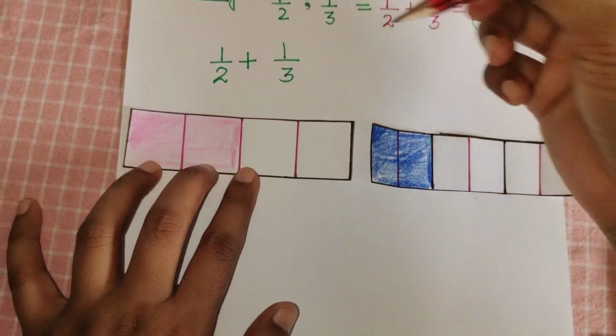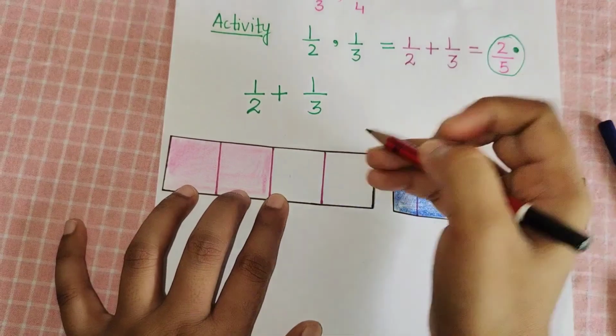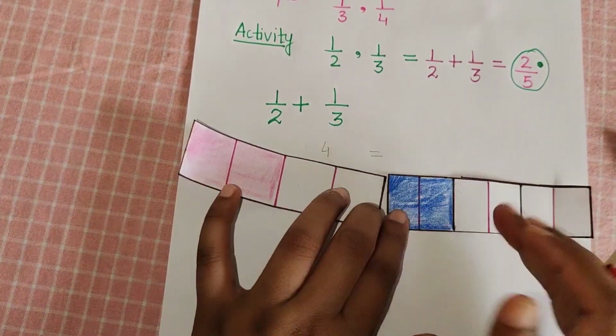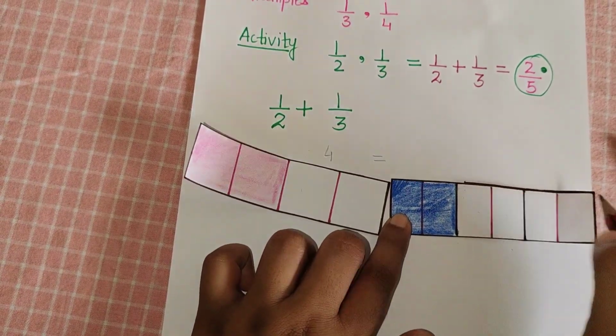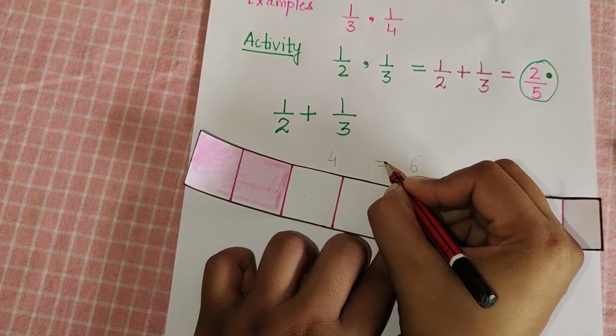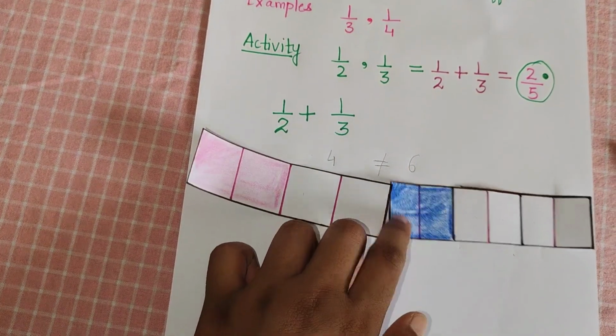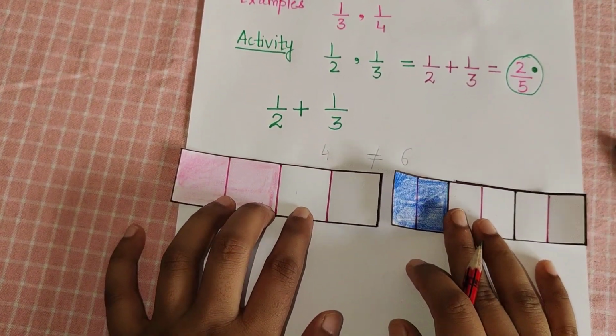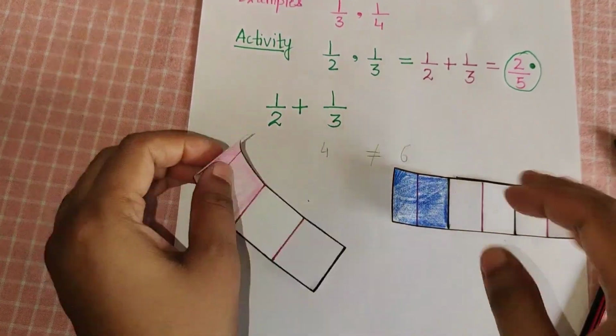Now children, count 1 2 3 4. 4 is not equal to 6, over there we have got 1 2 3 4 5 6. That is not equal. So we need equal parts to add. To make it equal, what we are going to do, we are going to fold this.